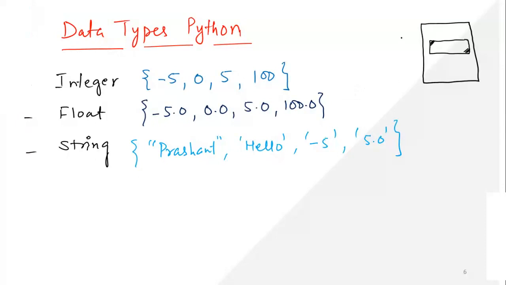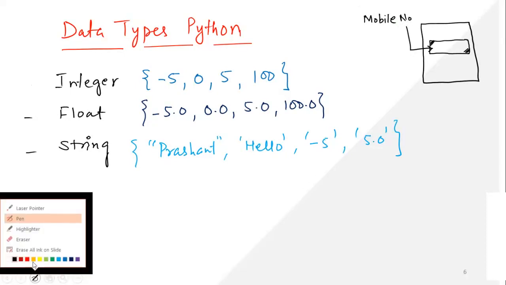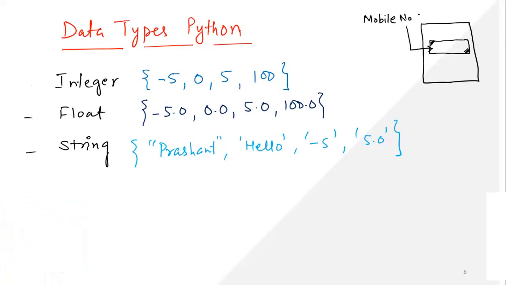Let's say this is the space where the user has to enter their mobile number, and as soon as the person enters the mobile number, some SMS should be sent to the concerned person, or I can say an IVRS call.